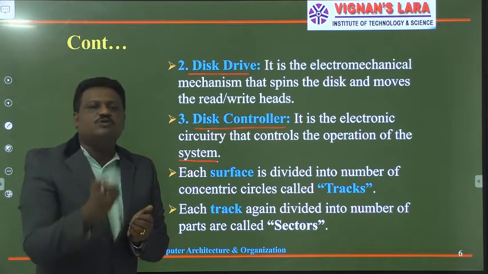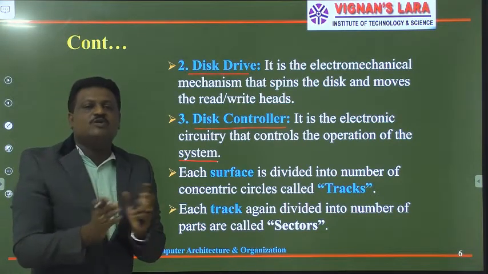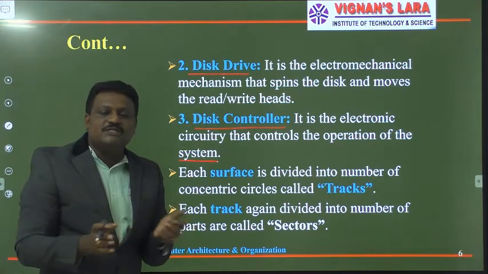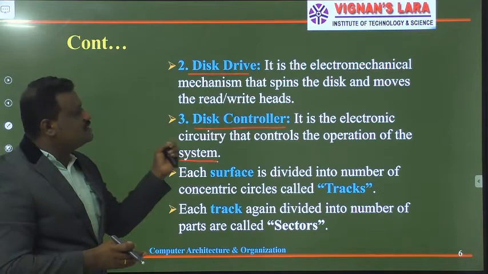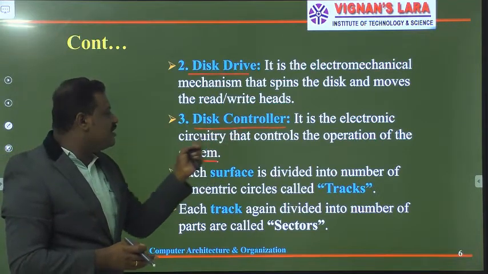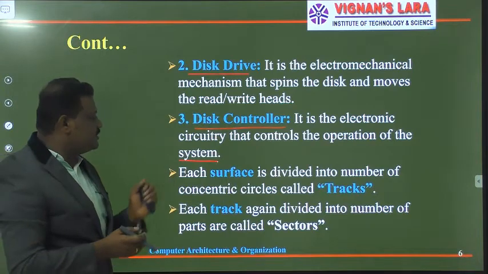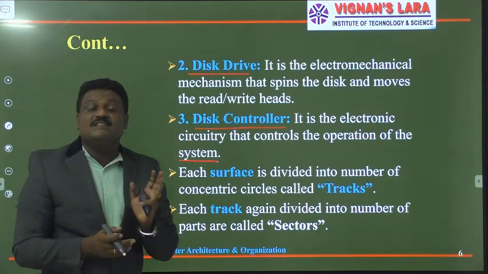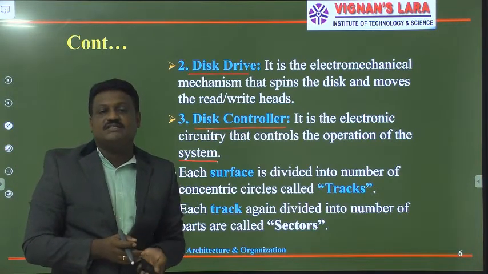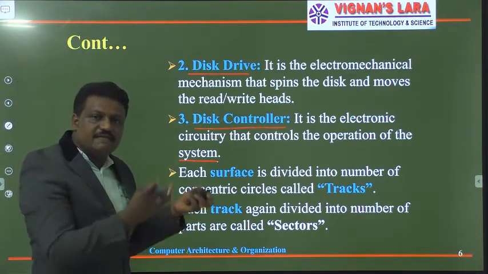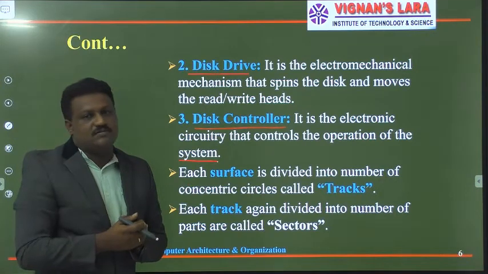That means if I want to do a read or write, in order to control those read-write operations and the movement of the head, we need this disk controller mechanism. So these are the three different parts that exist in your disk system. One is a disk, the second one is a disk drive, and the third one is a disk controller.